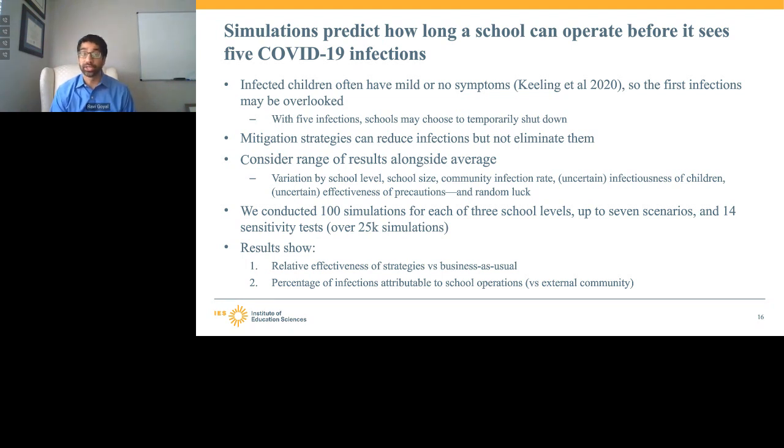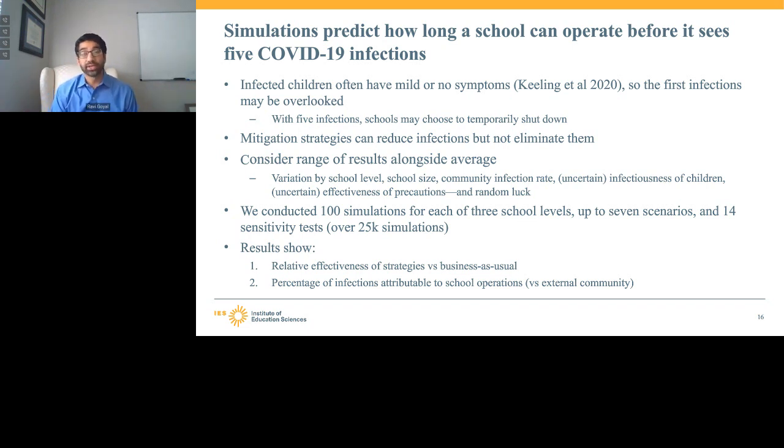Finally, a school may be lucky or unlucky in terms of having random infections coming into the school, so the results will show some uncertainty in terms of when infections actually start entering the school.